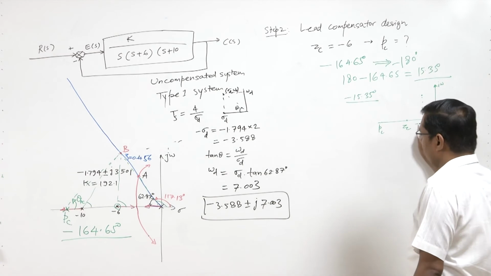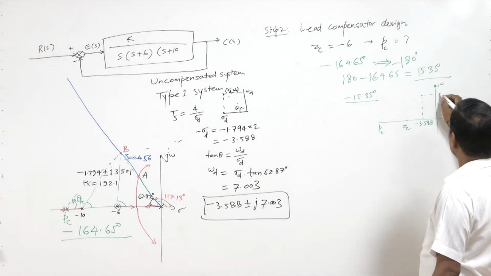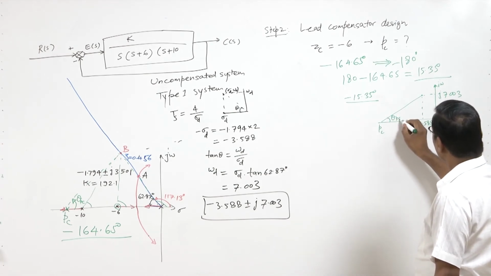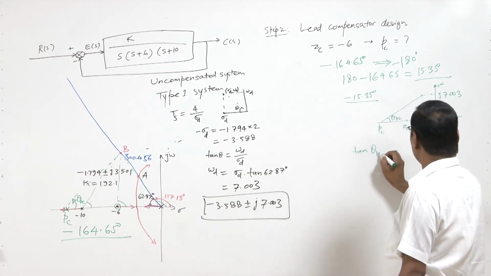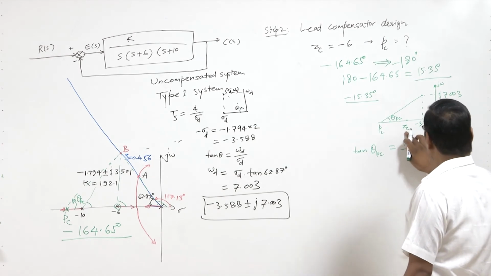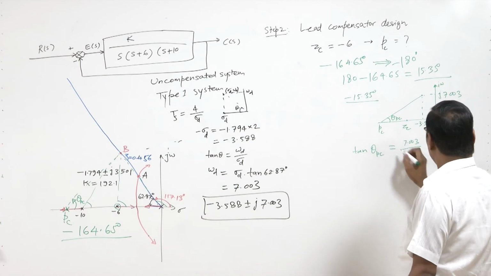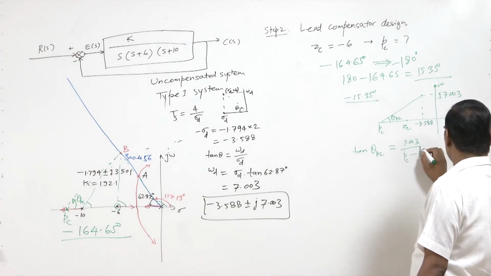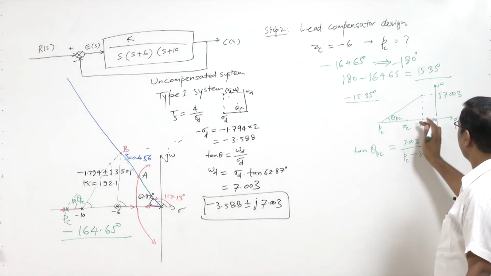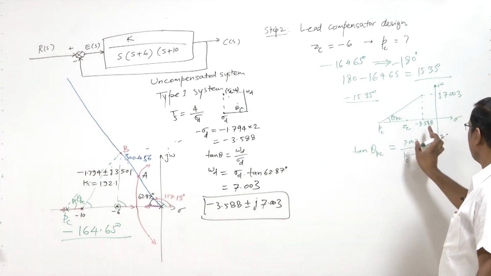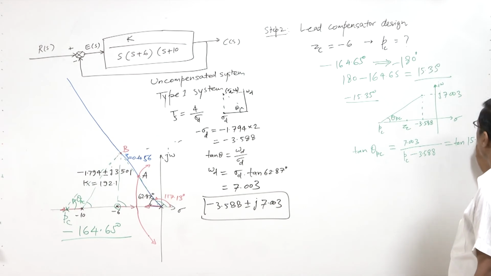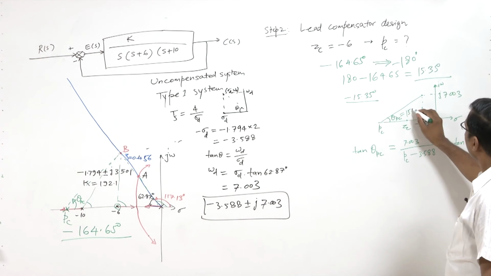So here this is minus 3.588 and this is j 7.003, and we want this angle theta PC, so tan theta PC equal to 7.003 by PC minus 3.588, and that is tan 15.35 degree.